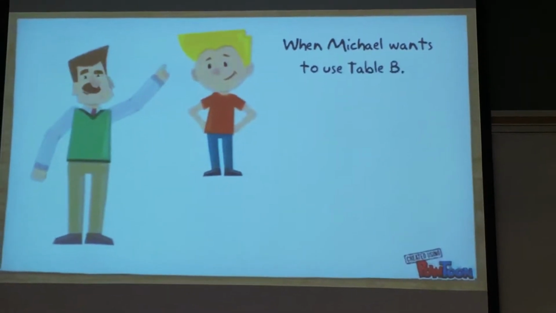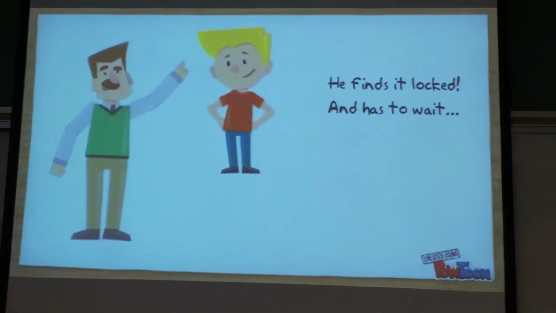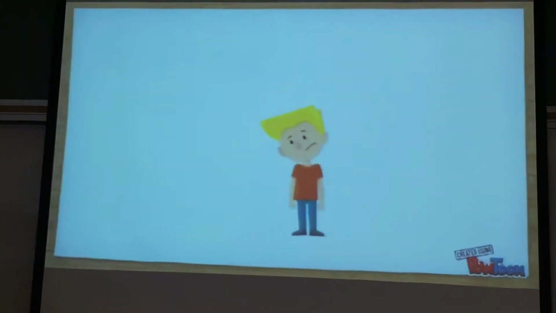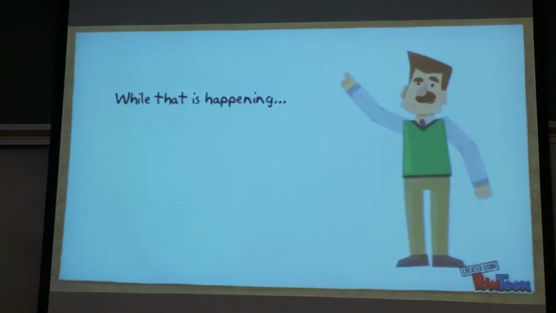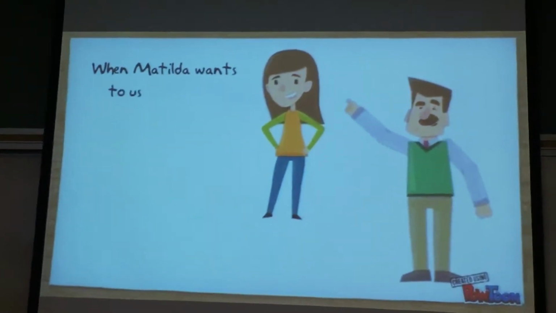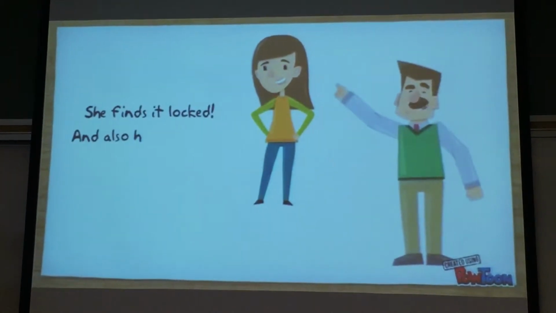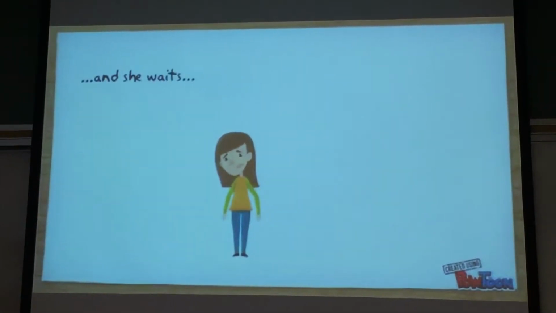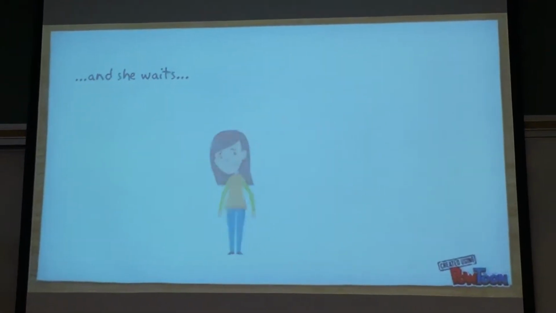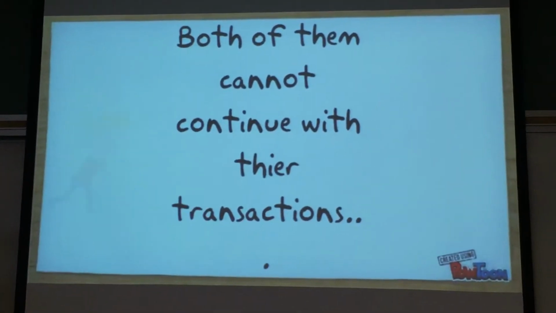When Michael wants to use table B though, he finds it's locked and has to wait. While that's happening, Matilda wants to use table A. She also finds it locked and also has to wait. Both of them cannot continue with their transactions.